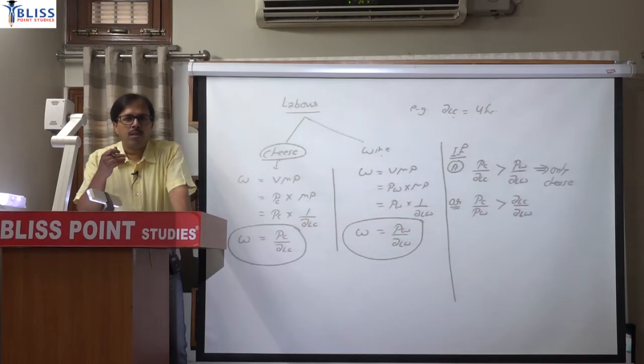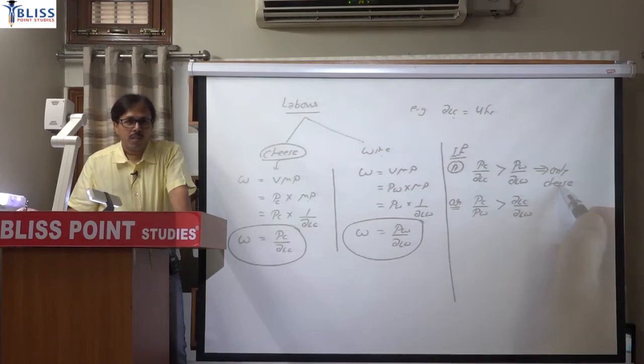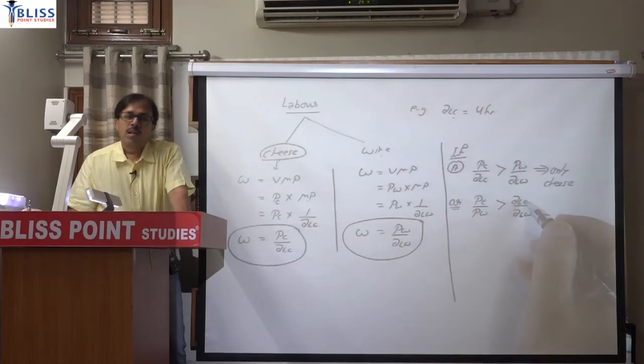PC by PW you can call the relative price of cheese. So now you can draw one important conclusion: a country will produce only cheese if the relative price of cheese is greater than the opportunity cost of producing cheese. A country will specialize only in cheese if the relative price of cheese is greater than the opportunity cost of producing cheese.